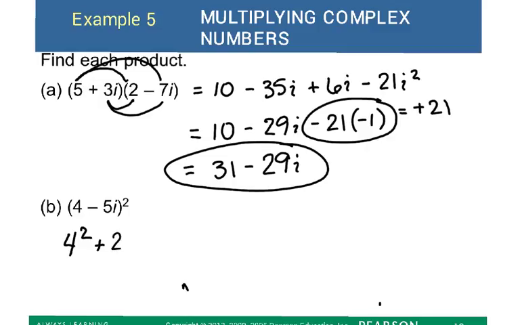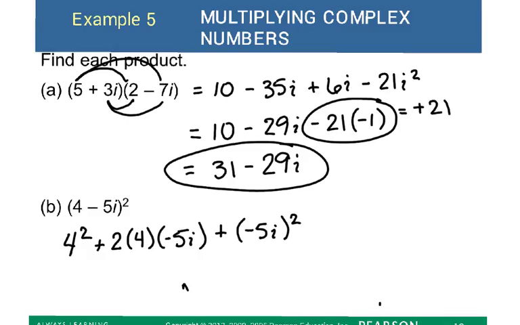So 2 times 4 times -5i is our middle term. And then our last term is -5i squared. So plus -5i squared.